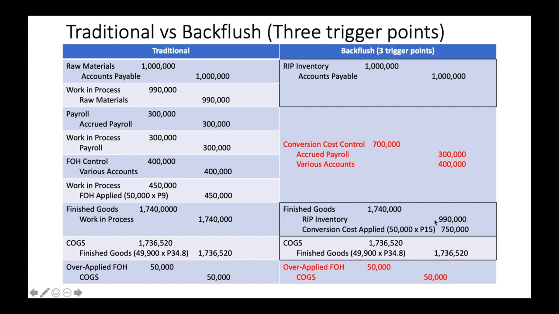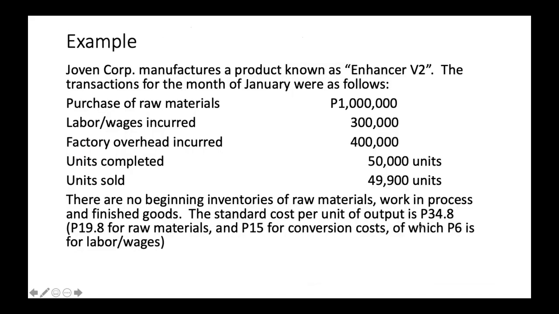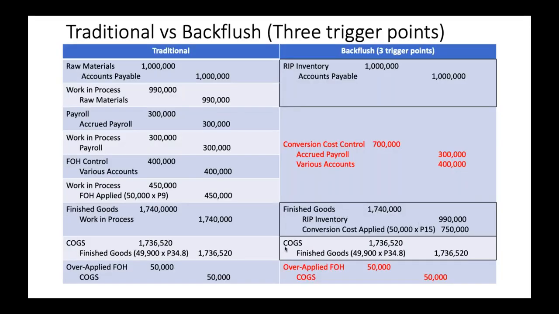We only used 50,000 at, how much was it? 19.8. Let me just go back. Yes, 19.8 raw materials. 50,000 times 19.8 raw materials, 990,000. And then credit conversion cost applied, that is 50,000 at 15 pesos, 750,000. Do not mind the red colored entries here. This should not have been entered yet.